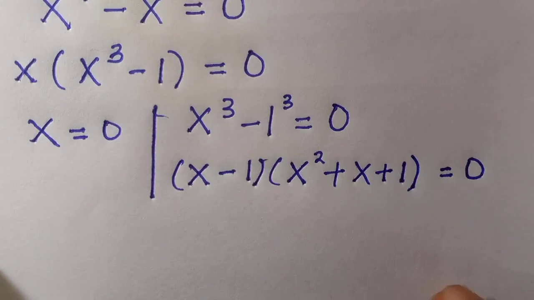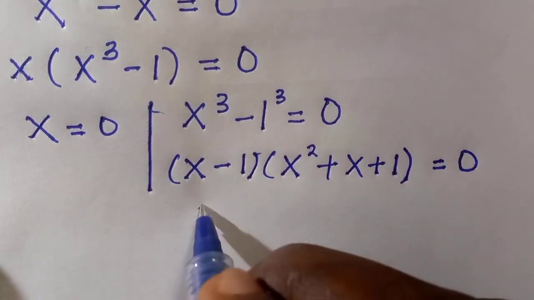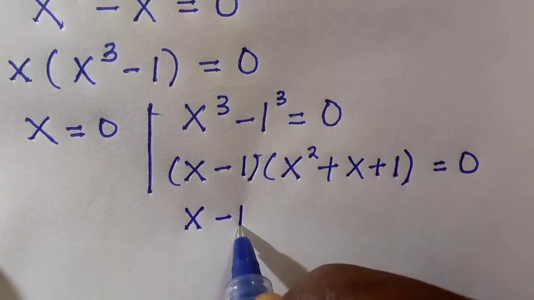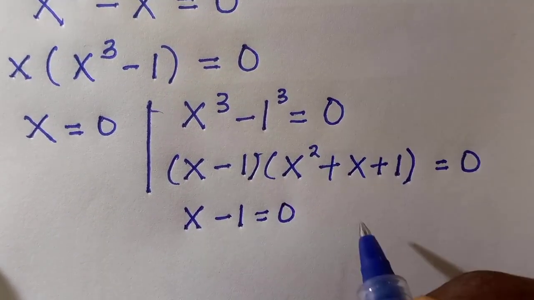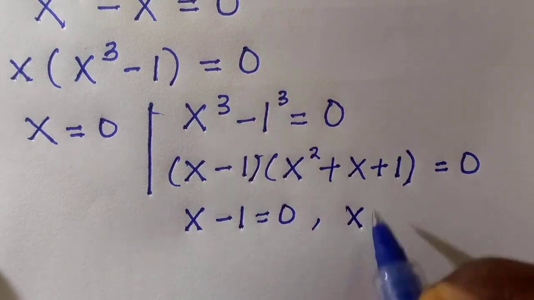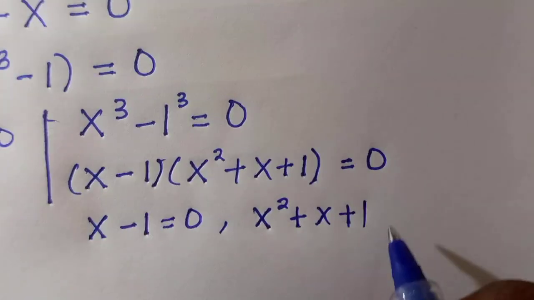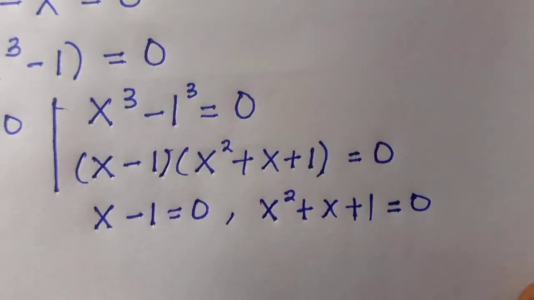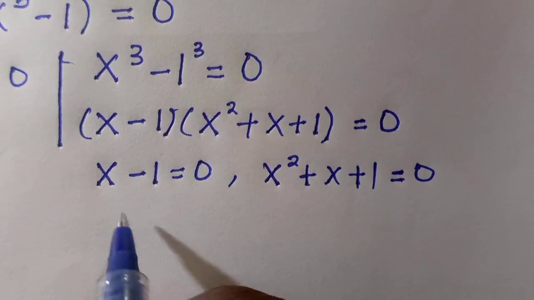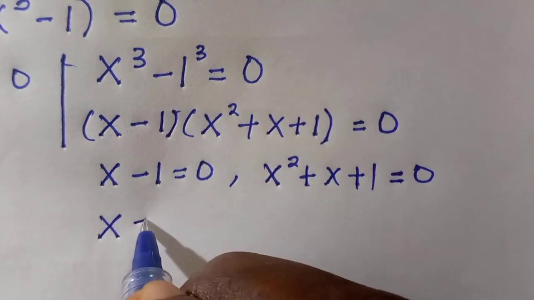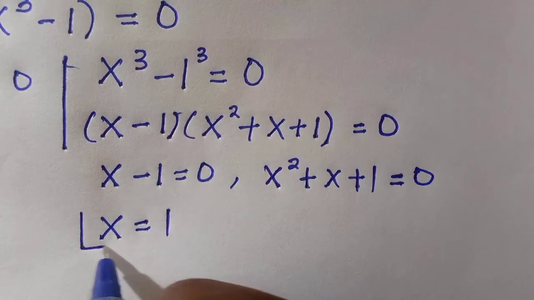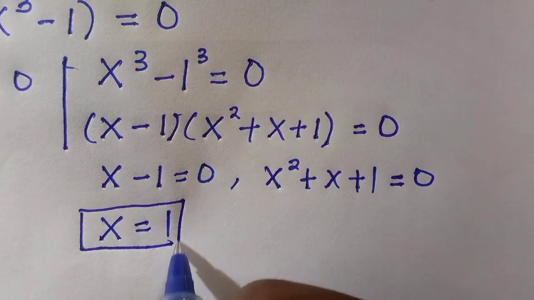That is, when we expand this, we are going to get x to the power of 3 minus 1 to the power of 3. Therefore, x minus 1 equals 0, or x to the power of 2 plus x plus 1 equals 0. So for the first one, x equals 1 is another solution that satisfies this problem.